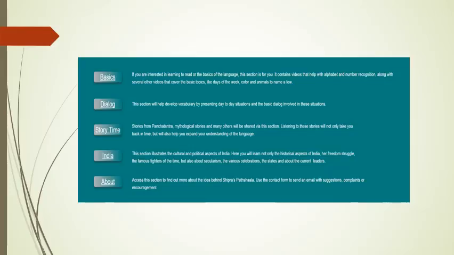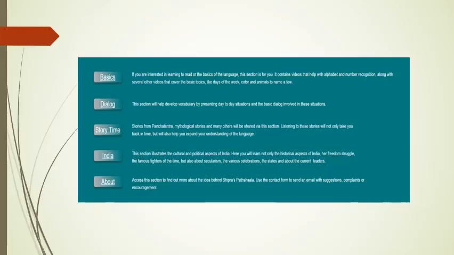The story time section, which I'm hoping is going to be a favorite with children, will include not only stories from Hindu mythology like the Ramayana or the Mahabharata, but also stories from folk tales like Panchatantra, Jatak Katha, and other stories that will be made up as I go along.